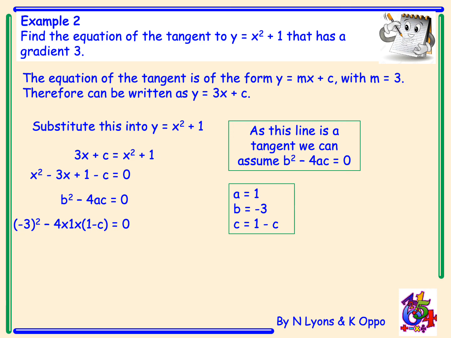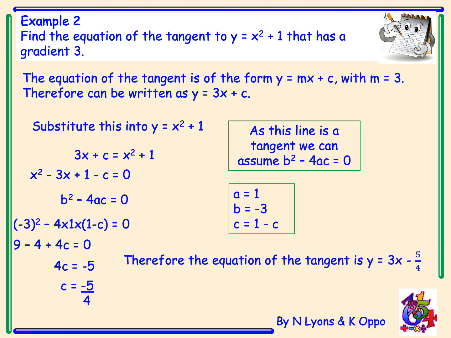Substituting these values in, we get negative 3 squared, subtract 4 times 1 times 1 minus c. This will simplify to give 9 minus 4 plus 4c equals 0. 4c is equal to negative 5, therefore c is negative 5 over 4.